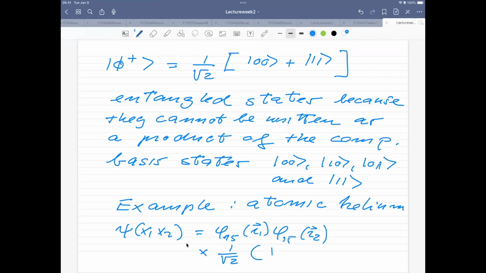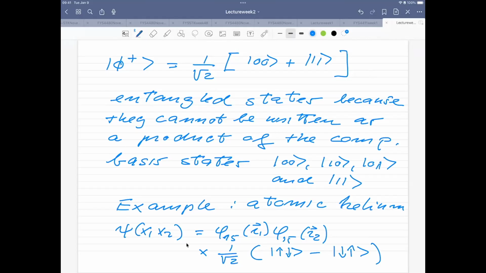But then this contains a part which goes like 1 over square root of 2. And then I have a state which I'm writing as spin up for the first electron, spin down for the second electron, minus spin down for the first electron and spin up for the second electron. This is total spin equal to 0. This is the ansatz which is normally made if you take any course in atomic physics and you start looking at many-body physics.